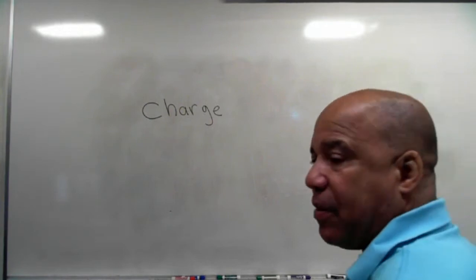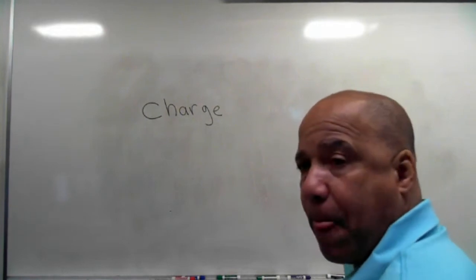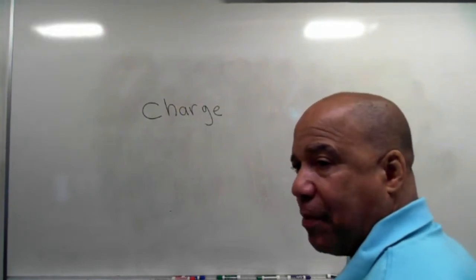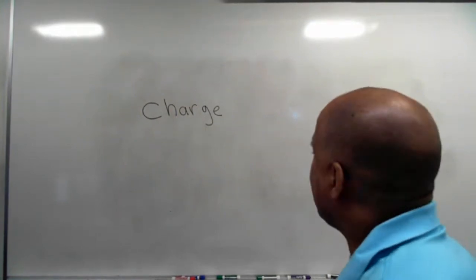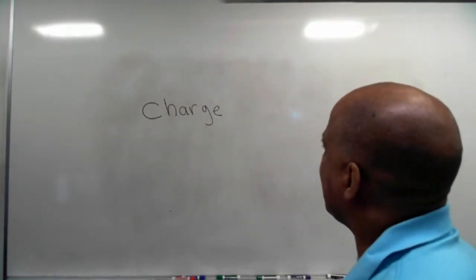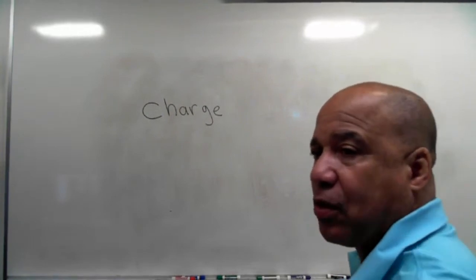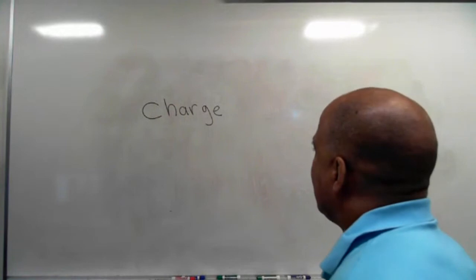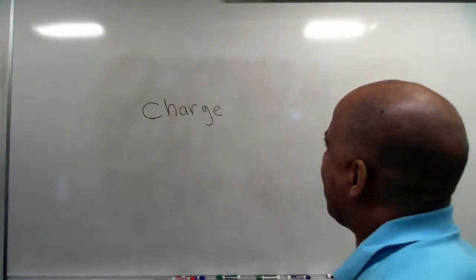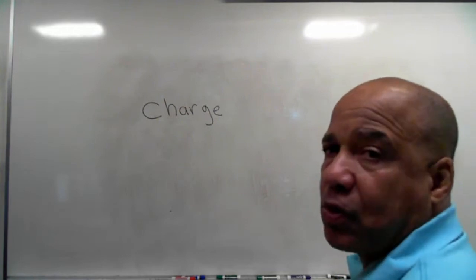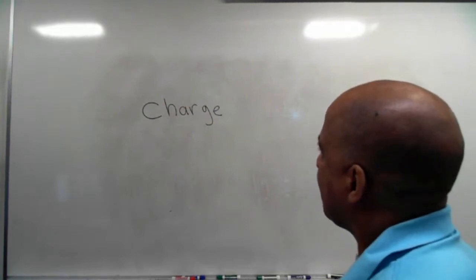So one example of that would be Google. Google's the name of a search engine, so it's a noun. It names something. But I can also tell you to go Google something, and now that's an action word. You got to go do something. So you can probably think of many other words that can be used as a noun or a verb, and charge is one of those words.